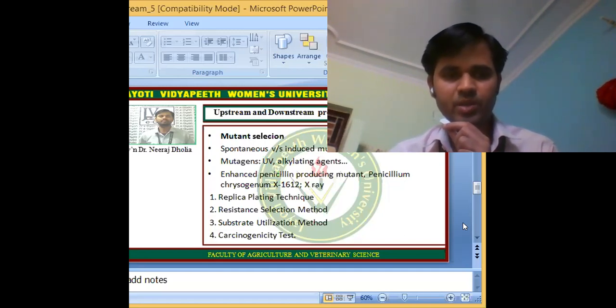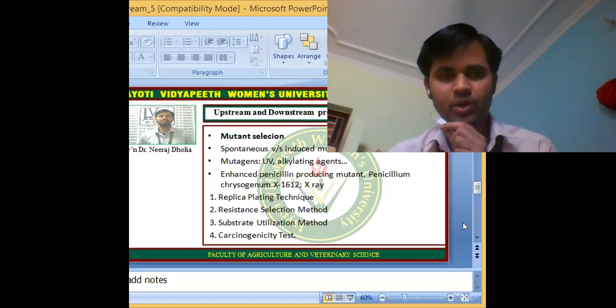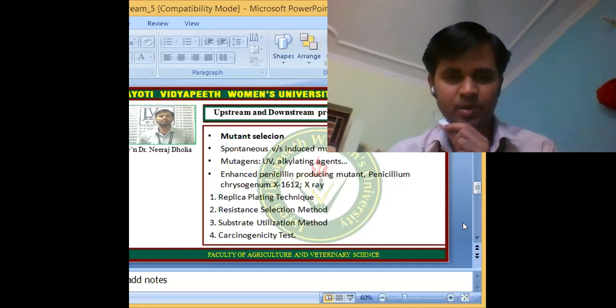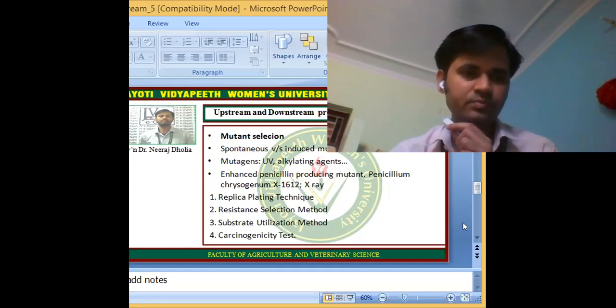It is a mutant strain developed using X-rays, and it has the capacity to produce enhanced penicillin. Compared to the wild type Penicillium chrysogenum, this mutant has the ability to produce penicillin at a higher concentration.